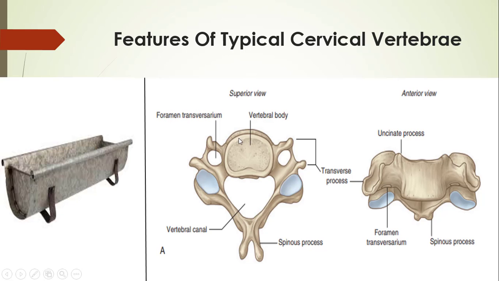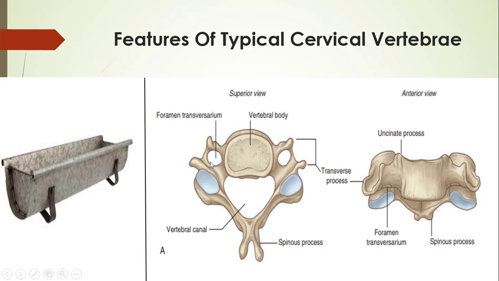Starting with the vertebral body. The vertebral body is short in height and has a superior concave surface and an inferior convex surface. It's square shaped.